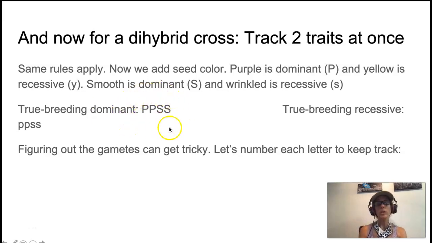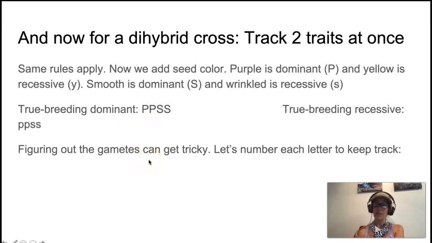There are 4 letters present, but there are only 2 traits, color and shape. We haven't made this person or this corn plant tetraploid. It is diploid for seed color. It is diploid for seed shape, just as we are diploid for every single characteristic in our cells.